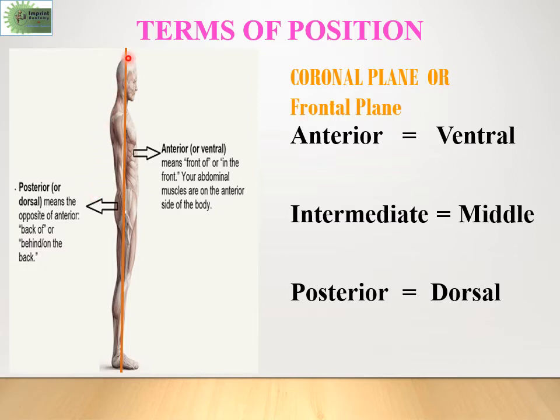So yes, the coronal plane or the frontal plane divides into the front part and the back part. The front part is called the anterior as well as the ventral. The back side or the behind is called the posterior as well as the dorsal too.